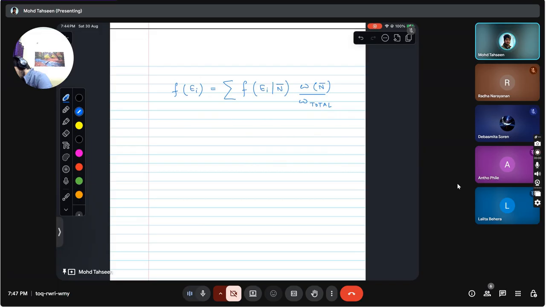So now consider the most probable state. Now if we consider the most probable state, what that means is, let the distribution be n naught bar, as we assumed.